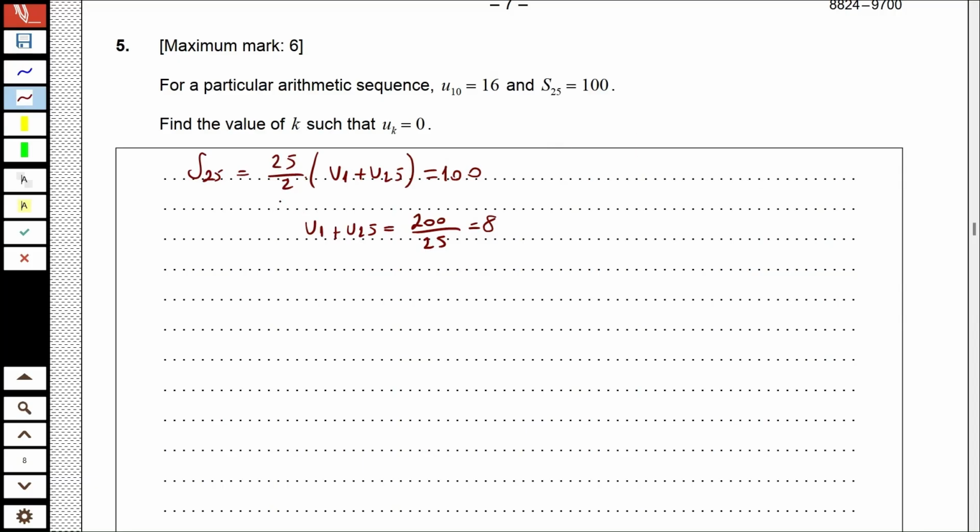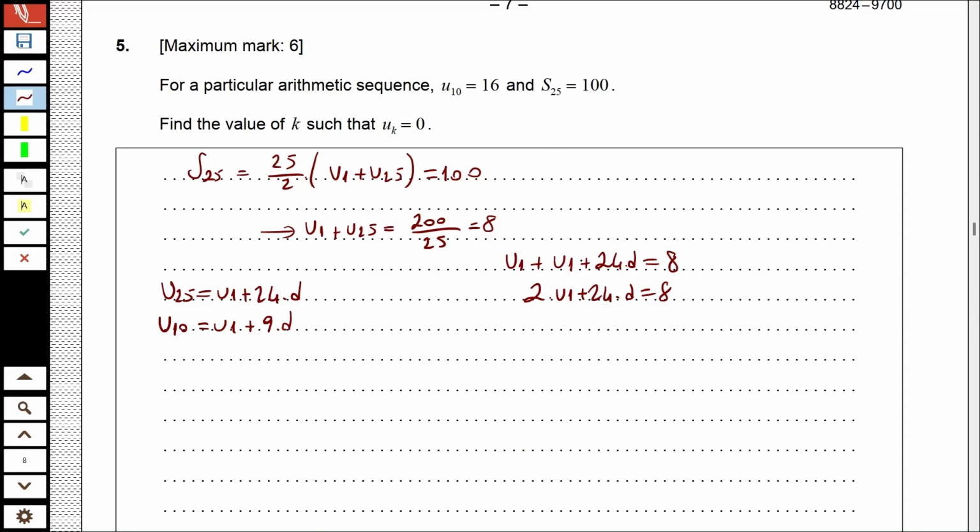So I will write all of these terms in terms of U1. For example, U25 equals U1 plus 24 times D, which is the difference between each term. And U10 also equals U1 plus 9 times D. You can also write 2 times U1 plus 24 times D equals 8.